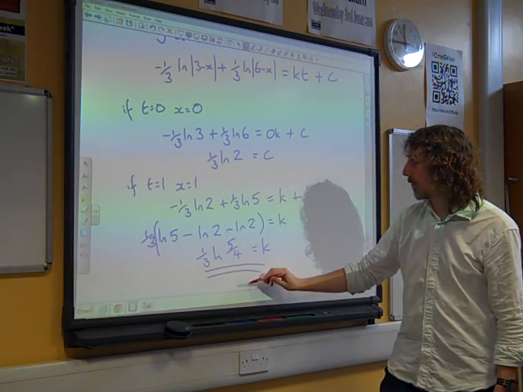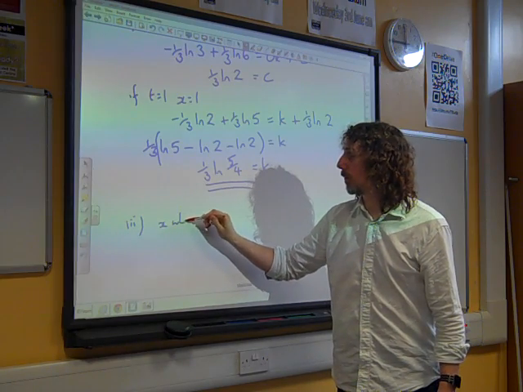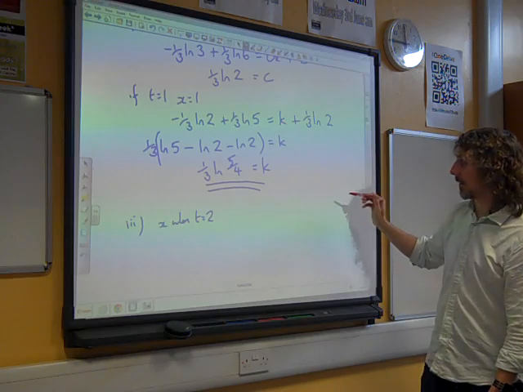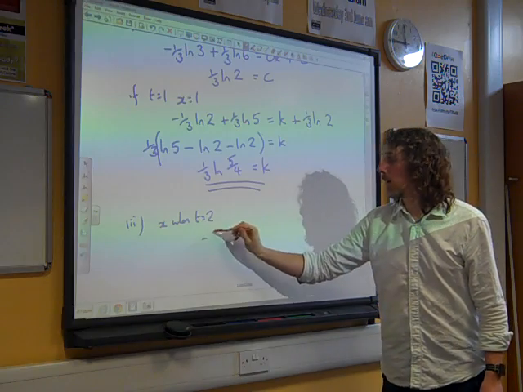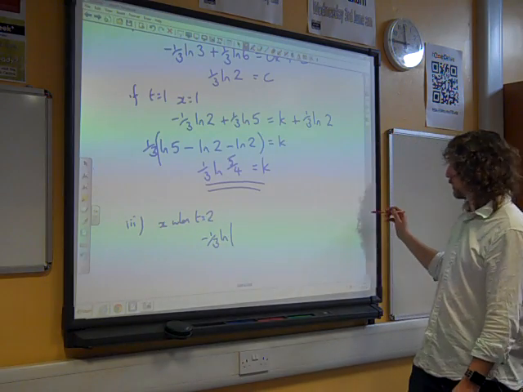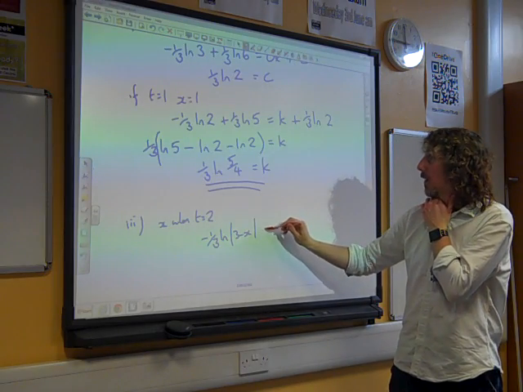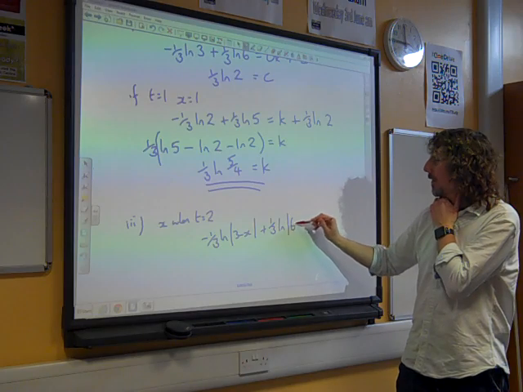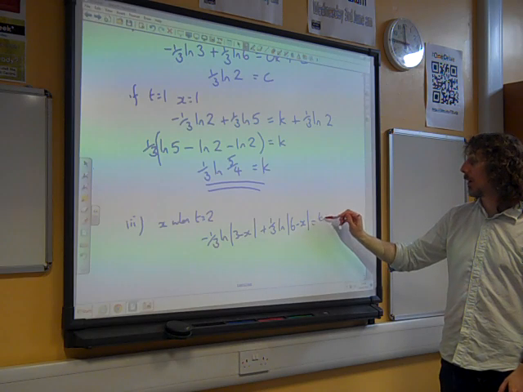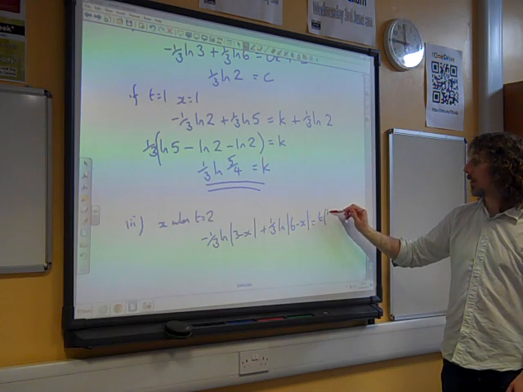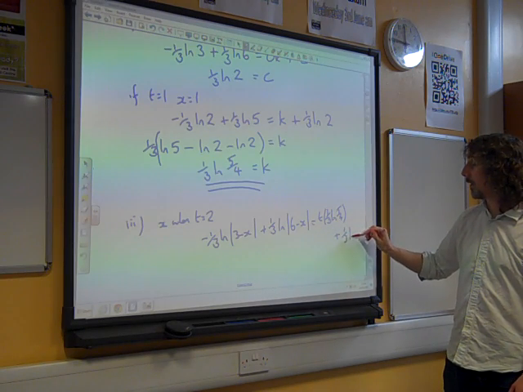So we've now established that our answer to this is minus a third ln 3 minus x plus a third ln 6 minus x is k times t, so t times a third ln 5 over 4 plus c plus a third ln 2.